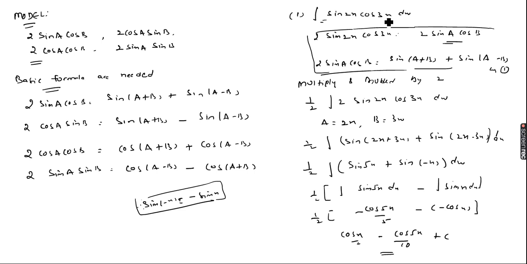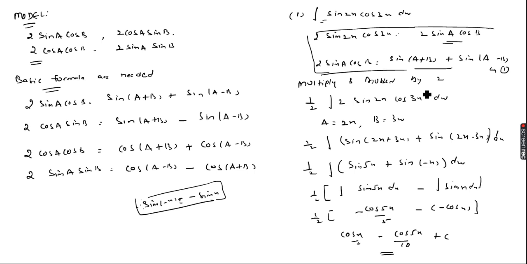Okay. So in this model, we do integration of sin 2x into cos 3x into dx. This form is 2 sin a cos b, so a is equal to 2x and b is equal to 3x. The formula is sin of a plus b plus sin of a minus b. Here we do not have a 2, so to get a 2 we multiply and divide by 2.